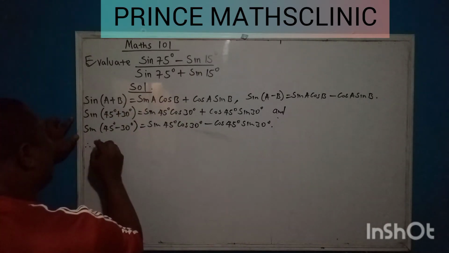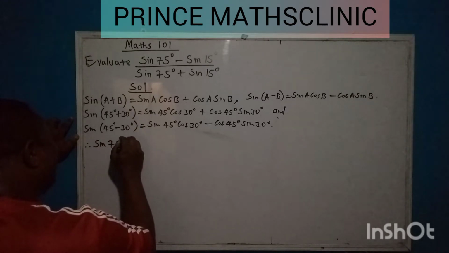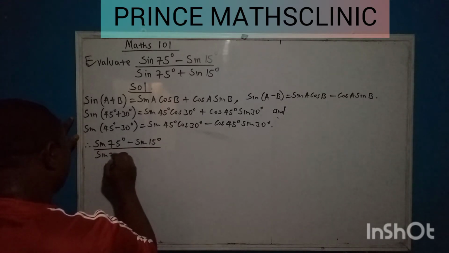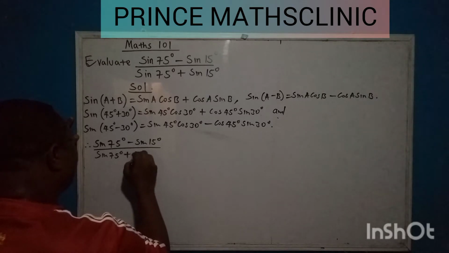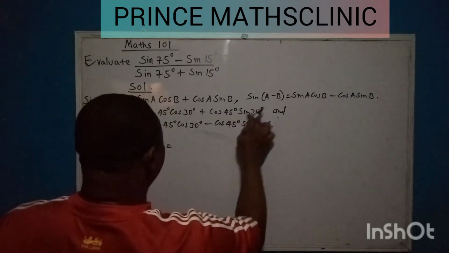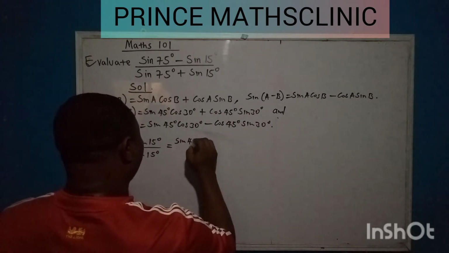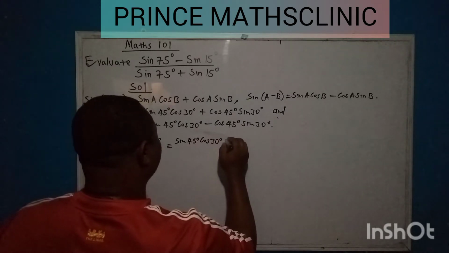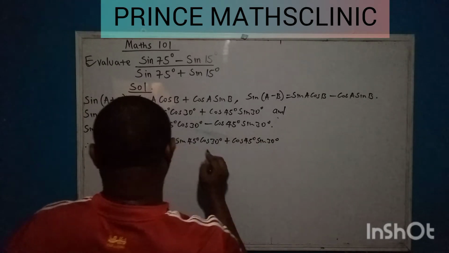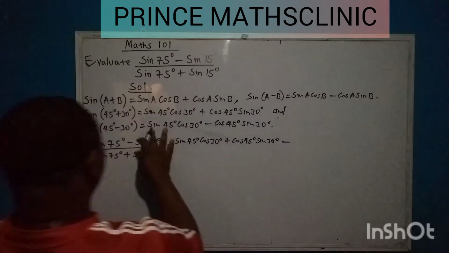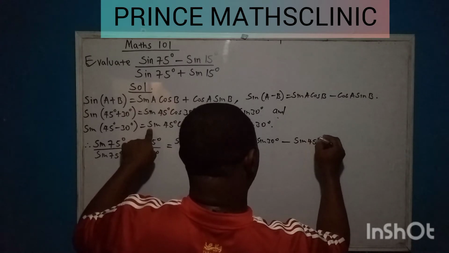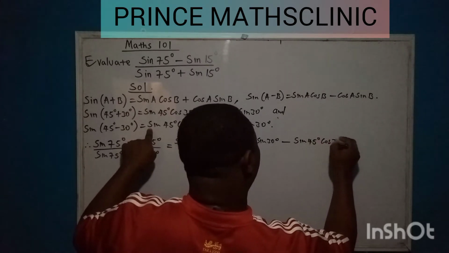So I can say, therefore, sine 75 degrees minus sine 15 degrees over sine 75 degrees plus sine 15 degrees will become, now sine 75 degrees, everything I have here: sine 45 cosine 30 plus cosine 45 sine 30. Now minus 15 means negative of everything here. So negative times this will become minus sine 45 degrees cosine 30 degrees.